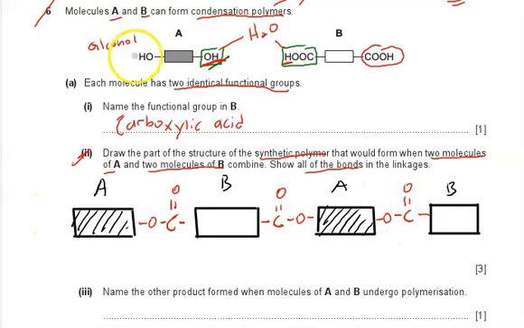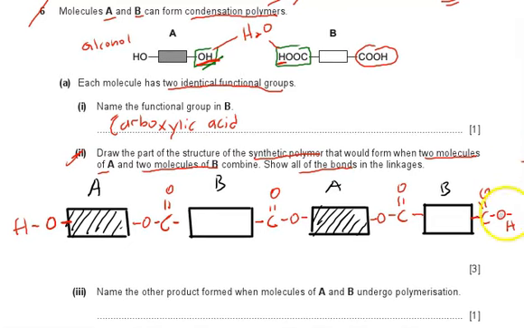A is an alcohol, so at the end here we can put oxygen and hydrogen. At the B side here we have to put acid, and here will be hydrogen. Okay, so this is the drawing part.